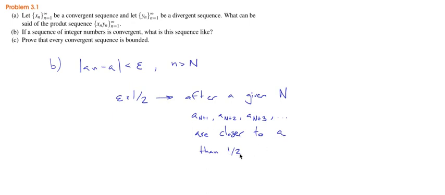So that means that if the sequence is formed by integer numbers, these numbers have to be the same as a, right? Because there are no integer numbers at distance 1/2. The distance has to be 1 between two consecutive integer numbers. So that means that this sequence a sub n is constant.